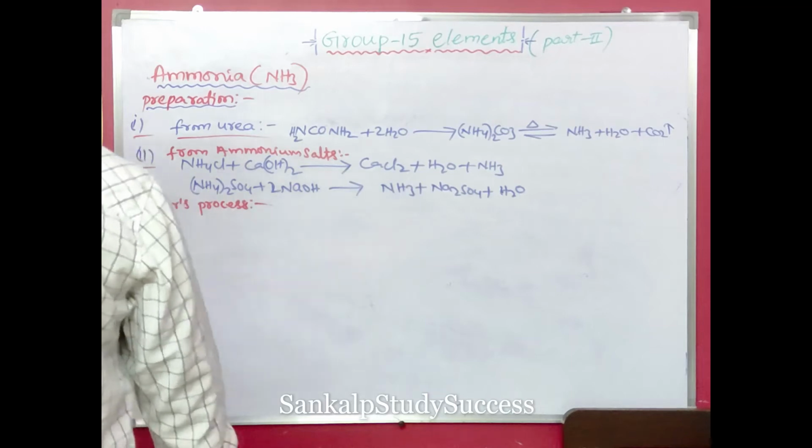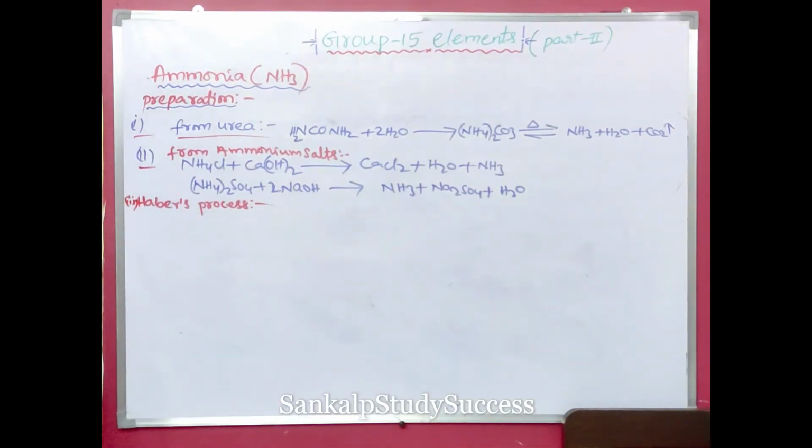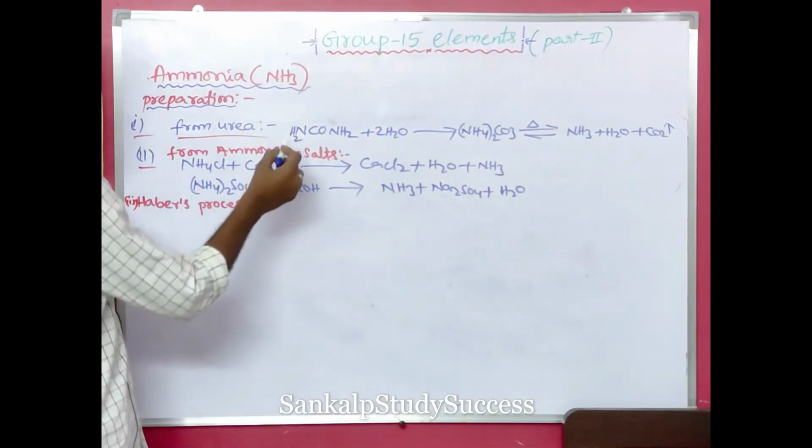Now I am going to explain the preparation of ammonia. The first one is from urea. What is the formula of urea?